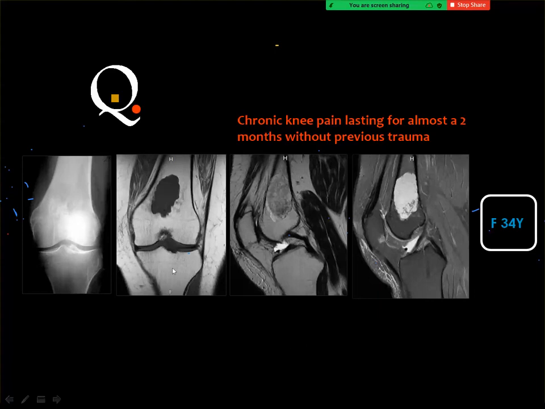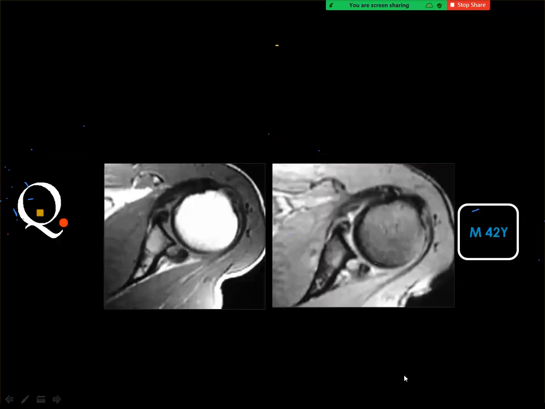But you remember that I mentioned in the lecture of the knee joint that you may sometimes incidentally find this lesion located intramedullary. It shows low signal in T1 and relatively bright signal in T2, with very bright signal in the STIR images, together with the presence of dark foci within the lesion representing calcium, and this is enchondroma of the long bone. Yes, then this is the next case.